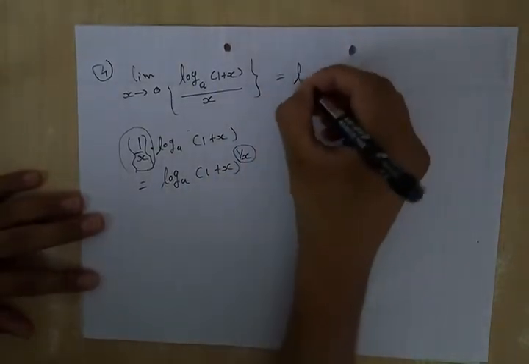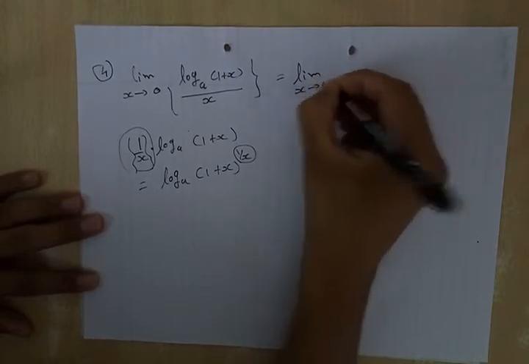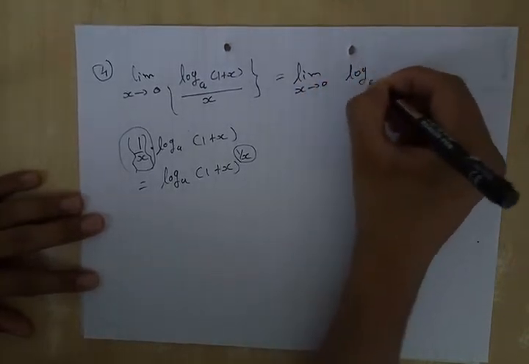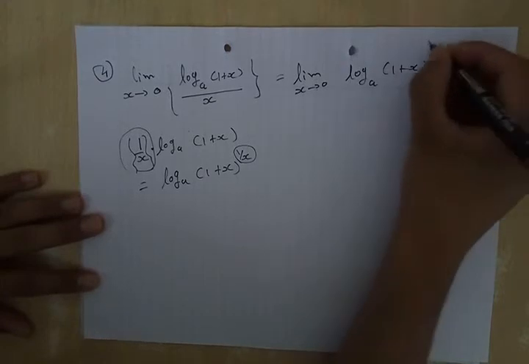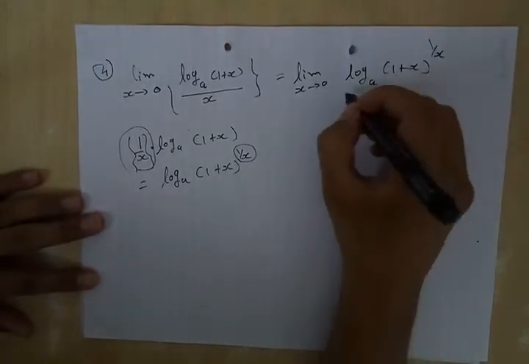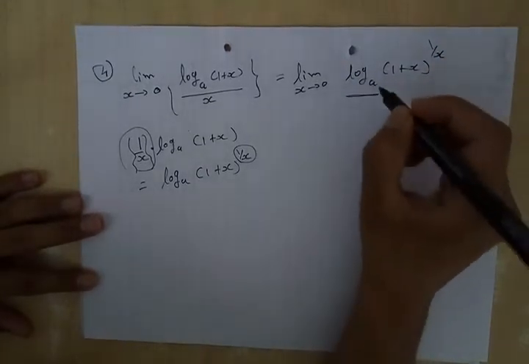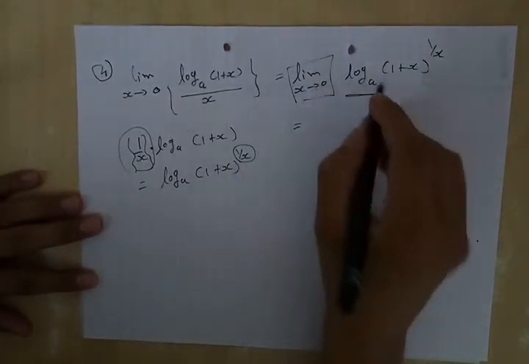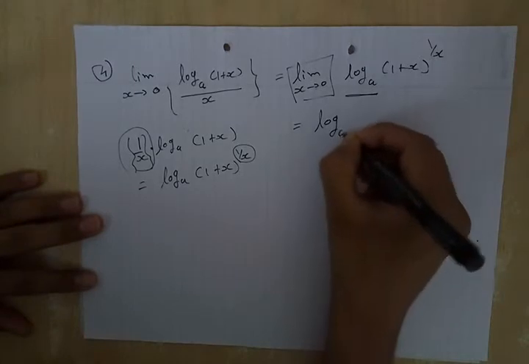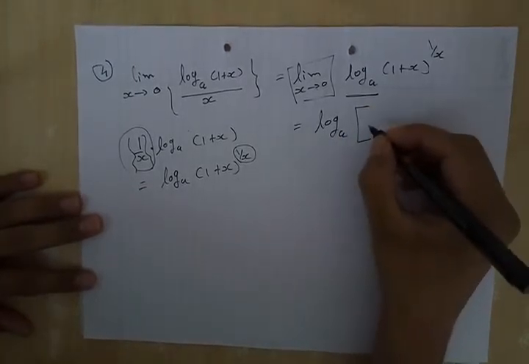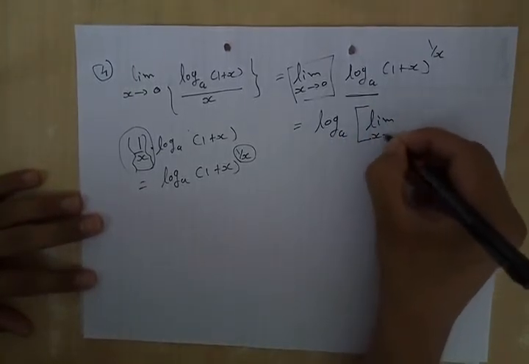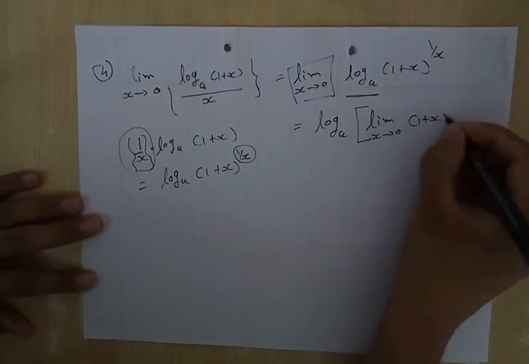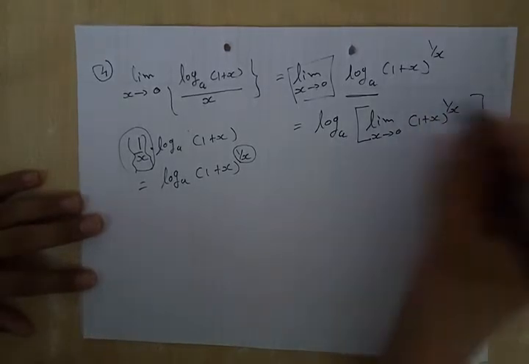So limit x tends to 0 log 1 plus x raised to 1 upon x. Now the logarithm function is a continuous function, so we can take this limit into this continuous function. So log a of bracket limit x tends to 0 1 plus x raised to 1 upon x.